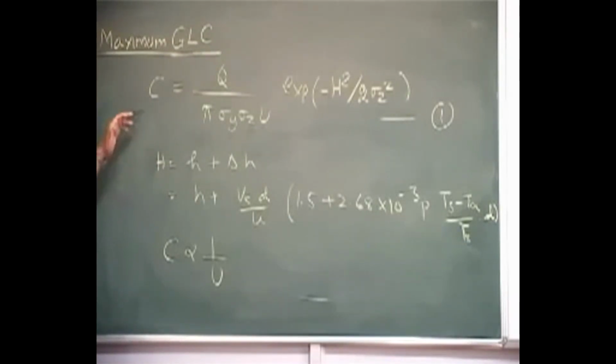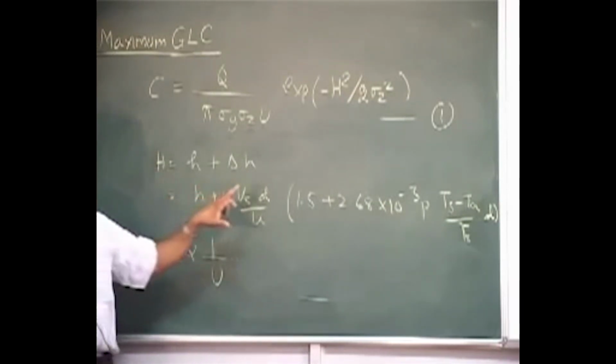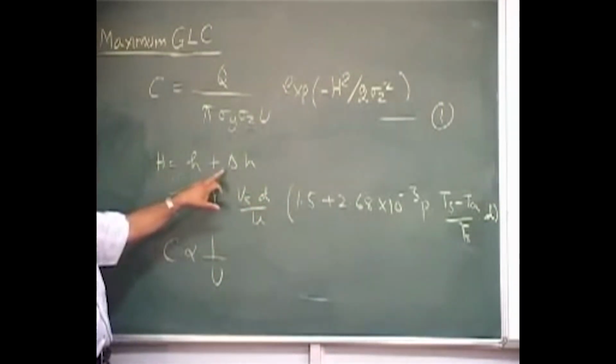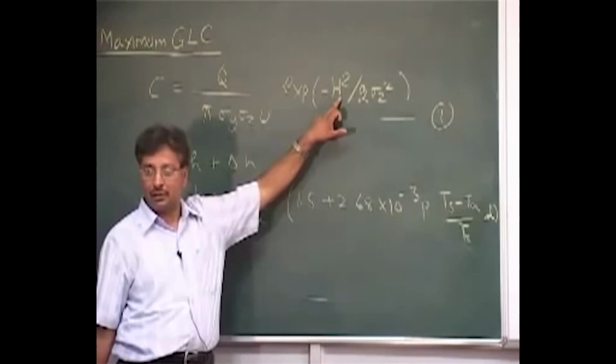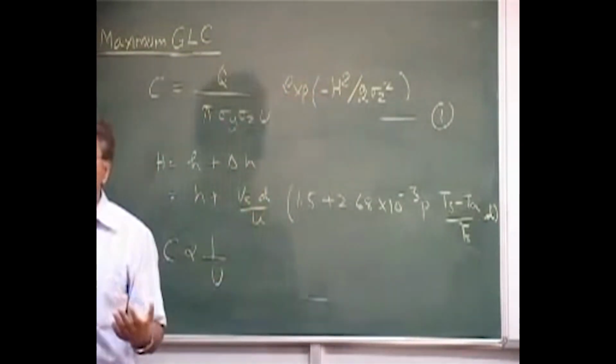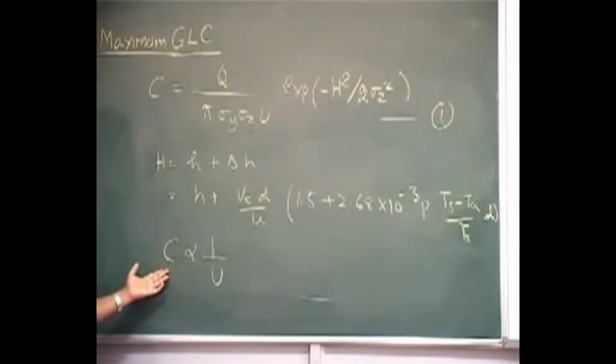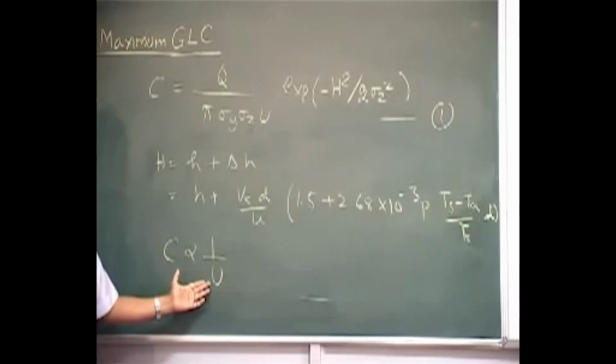But don't forget, this equation 1 has the built-in feature of equation 2. Where is this one? This delta H is somehow appearing here, right? Agreed? Do you still agree with the statement, or is there more complexity involved than writing a simple statement like this? Much more complexity.